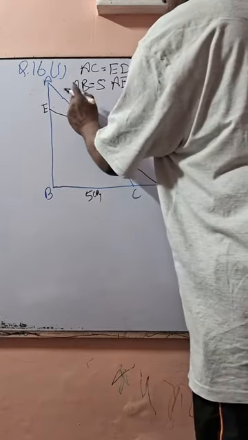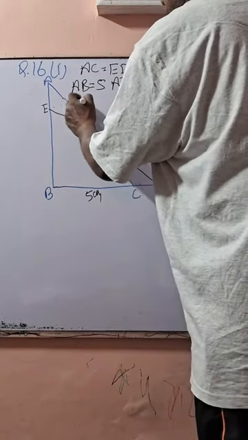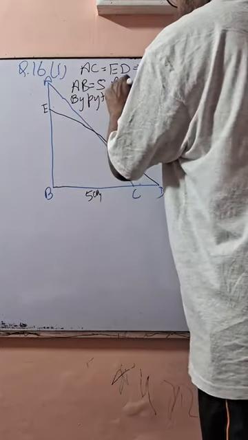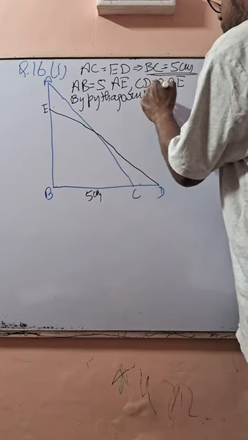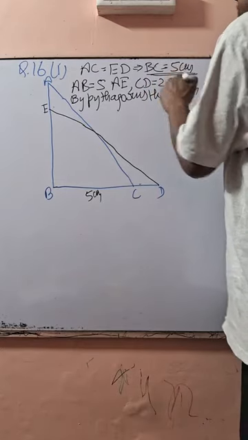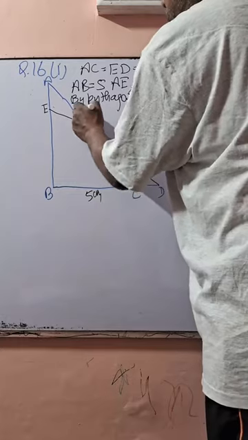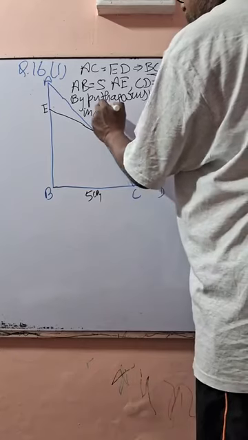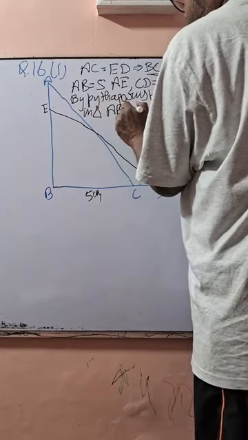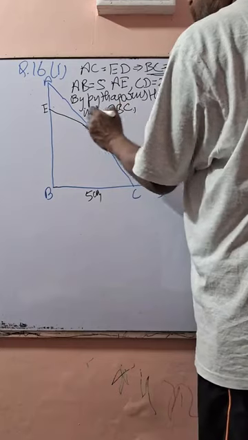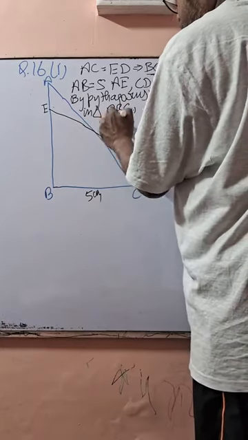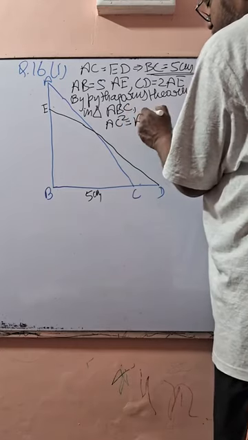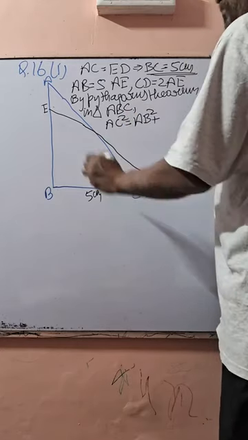So now by Pythagoras theorem, in triangle ABC, AC square is equal to AB square plus BC square.